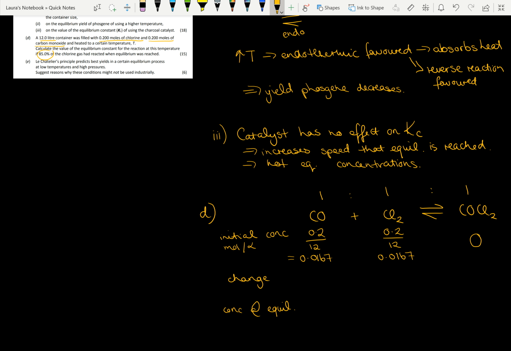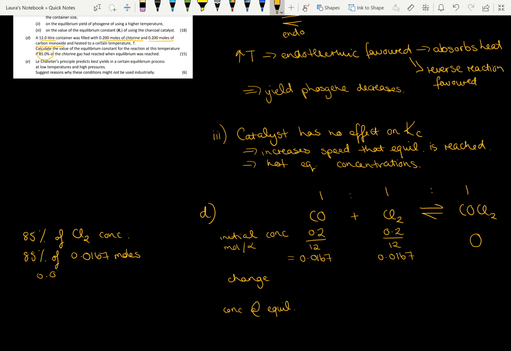Now we need to calculate the change in our reactants. What we're told is that 85% of the chlorine gas had reacted when equilibrium was reached. So we're going to find 85% of the chlorine concentration, which is 85% of 0.0167 moles.